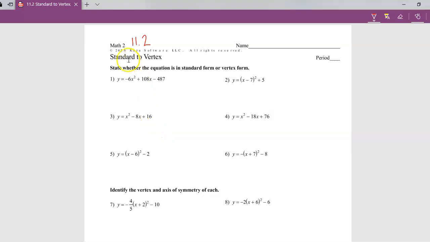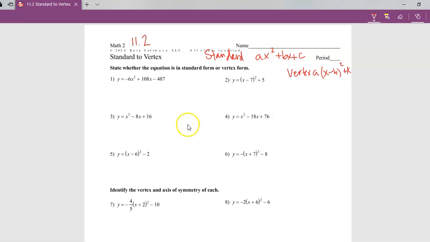Okay? So remember, standard form of a quadratic is ax squared plus bx plus c, and vertex form is a times x minus h squared plus k. So the first section is just kind of a review from yesterday.